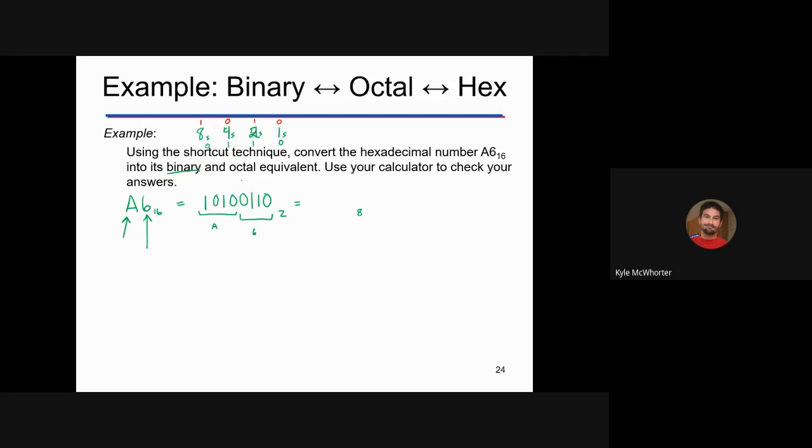Okay, well now we want to switch that into octal. So what we're going to do now is take that binary number, 1, 0, 1, 0, 0, 1, 1, 0, and break it into groups of 3. And since this one doesn't have a 0, we put a fake 0 right here.